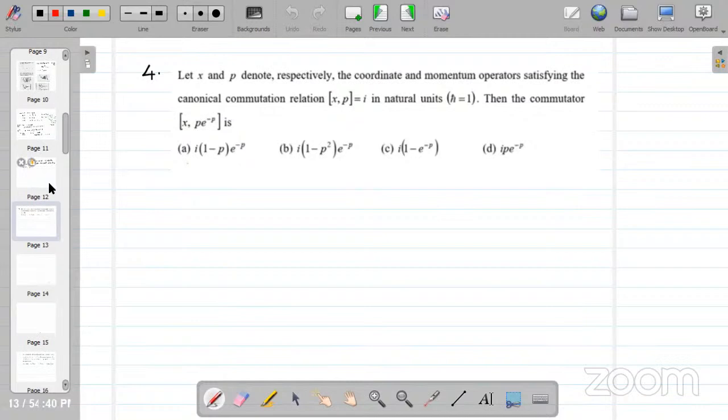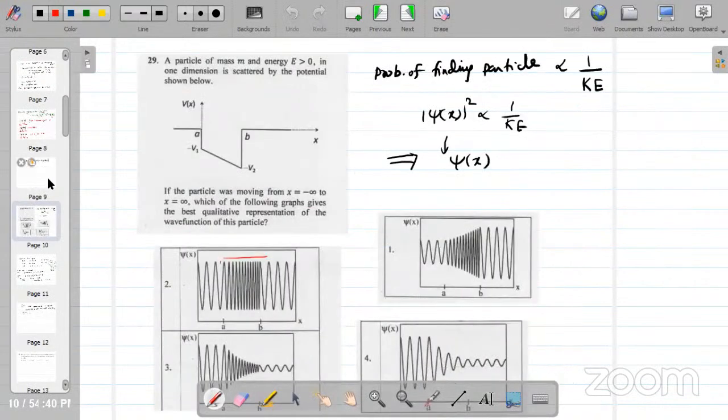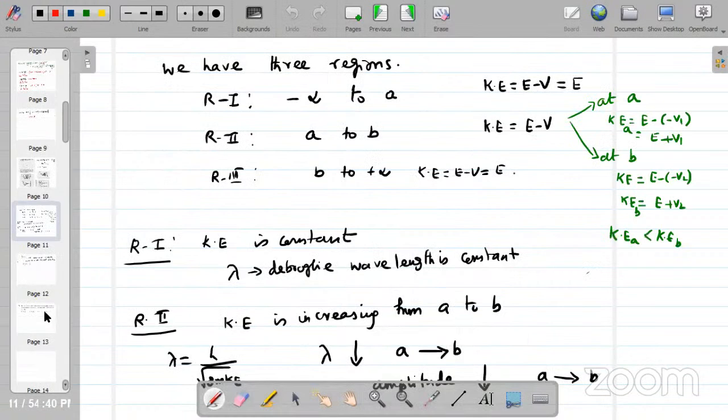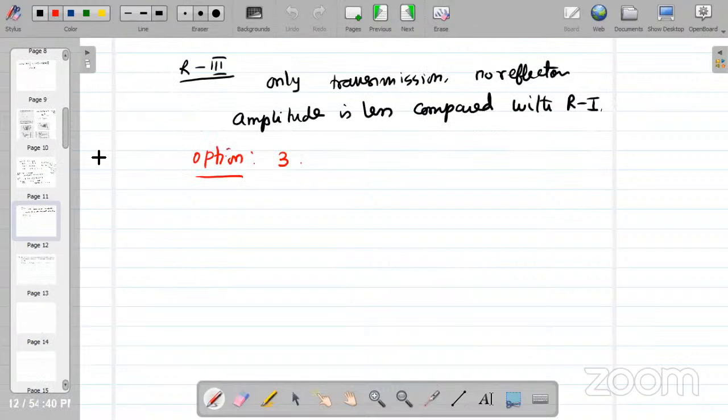So please go through question 4. Of course, any clarification on the previous question? Any clarification? In fact, if you want to understand this kind of qualitative behavior of the wave function in a given potential, there is a nice book we can read.